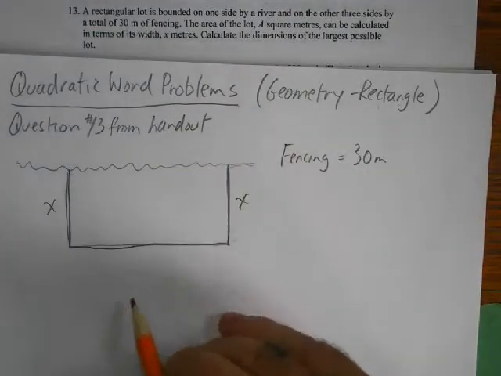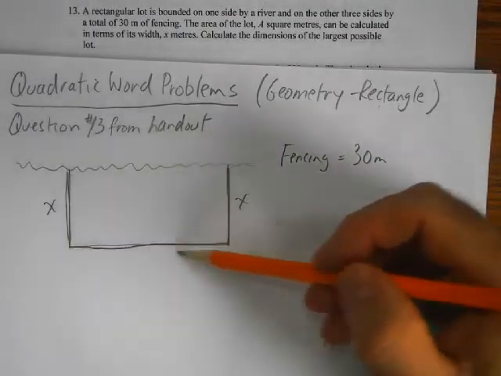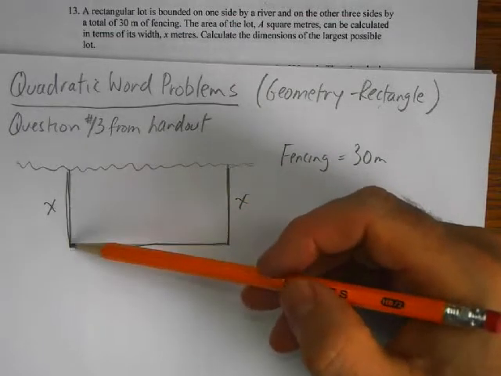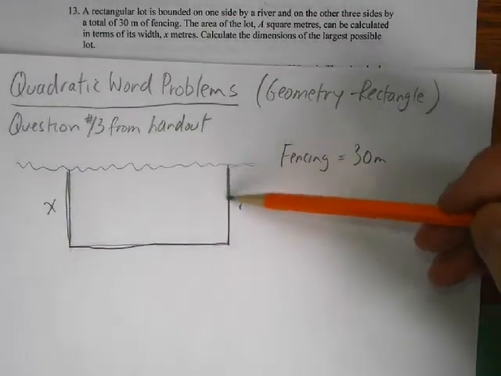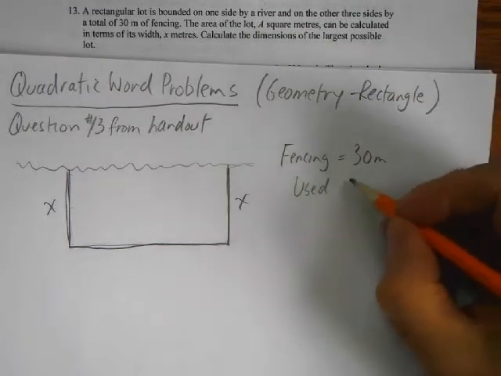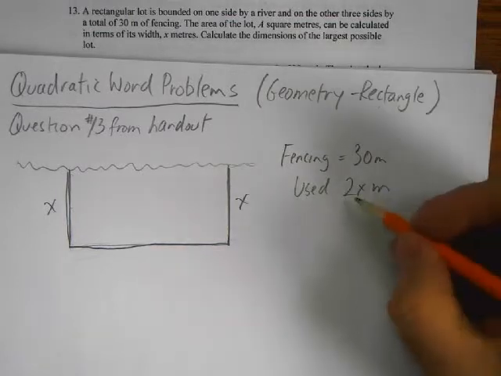So we have to figure out, well, what's over here then? You have to think about, you've got 30 meters of fence. And by putting an x here and here, that says I'm using x meters of fence there, x meters of fence there. So that means I've used 2x meters of fence.